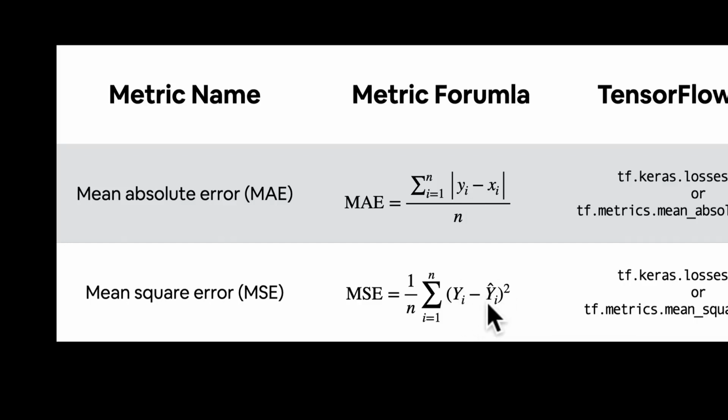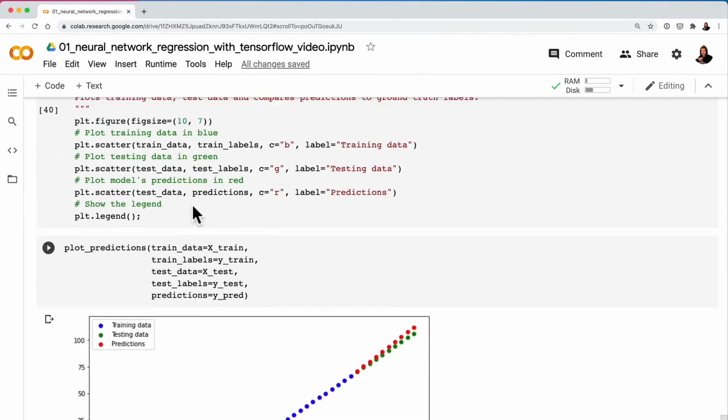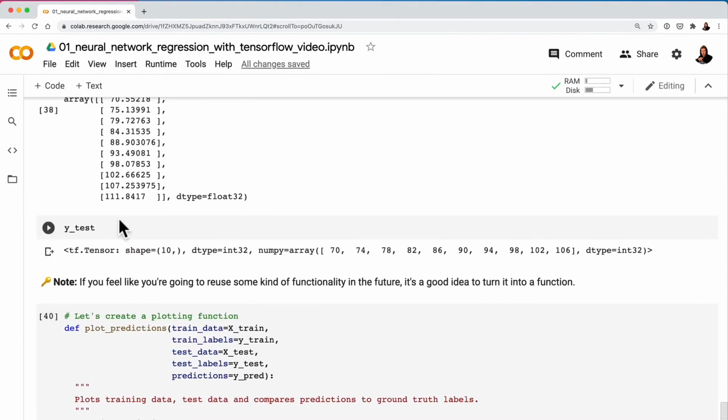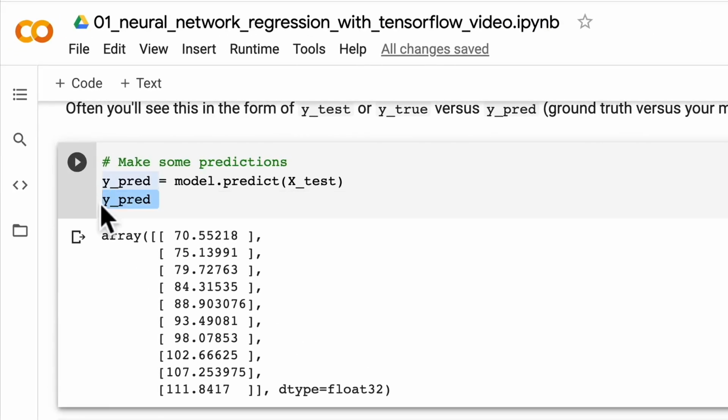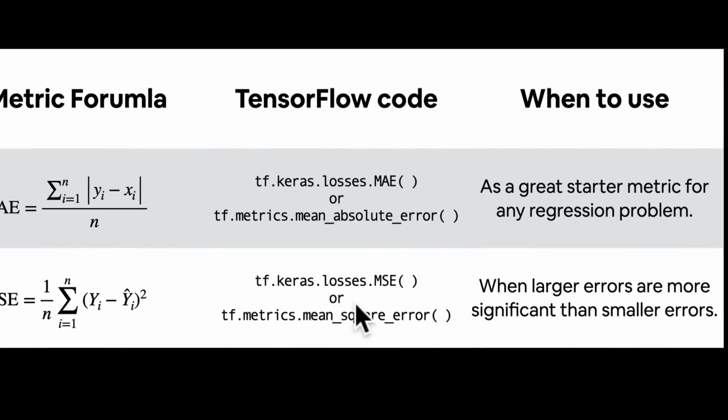When you see a y like this with a little hat on top, this is often standing for, remember up above we created ypred. So this y with a hat means ypred or y predictions, and we square it. See here we took the absolute value. In this one, we just square it with this little 2 here.